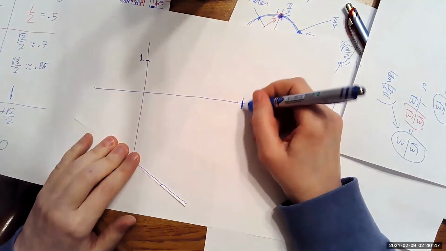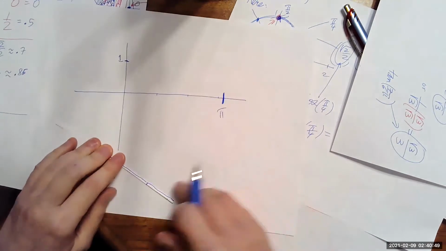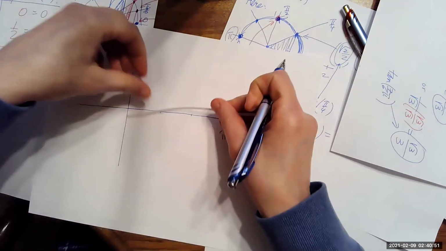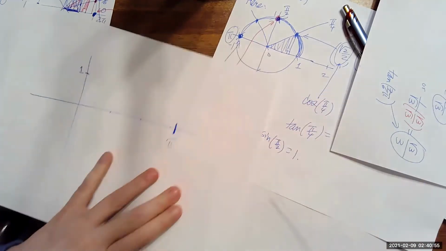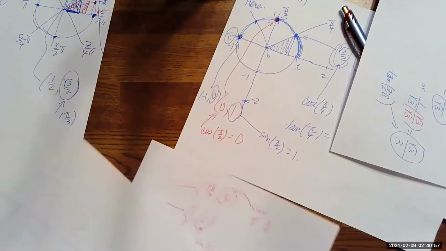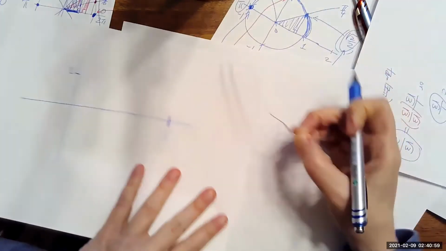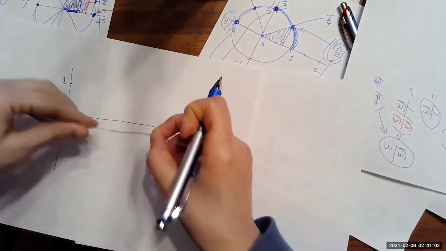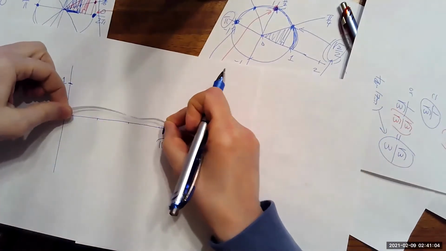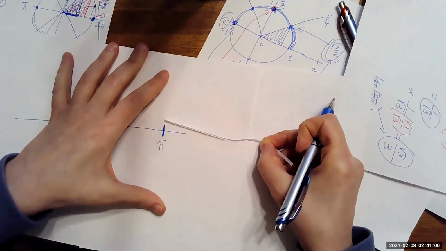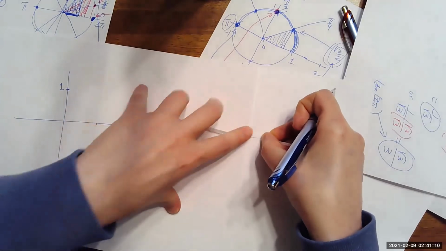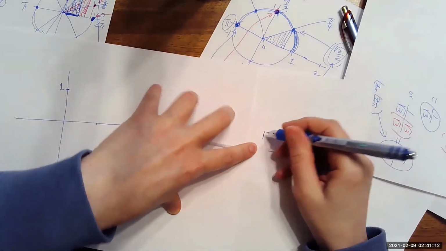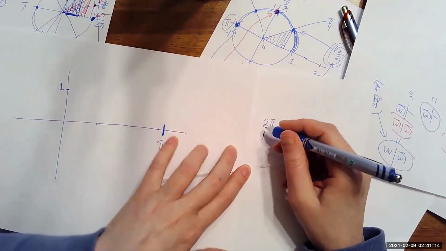So let's say that's pi. And if that length is pi, we'll connect you over here. Let's extend you. If you're a length of pi, you can be another length of pi. So there's a length of 2 pi.